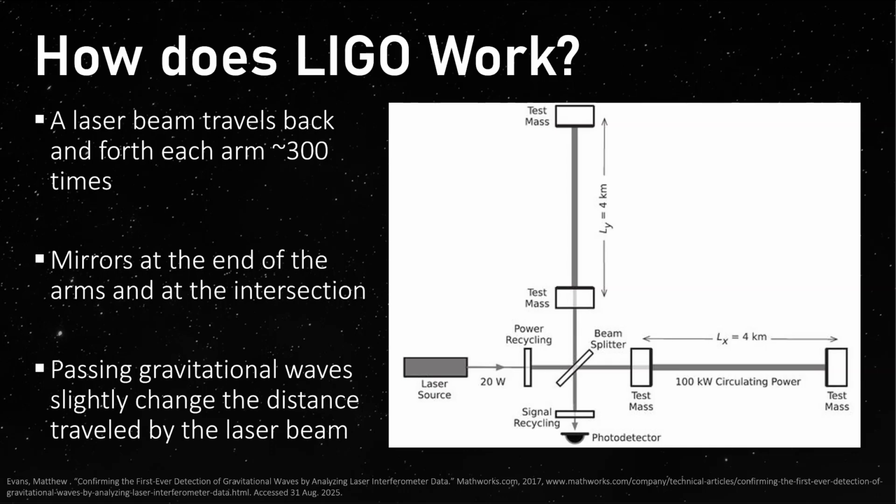If a gravitational wave passes through, it causes a tiny change in the arm's length, a change that is so small it is smaller than the width of an atom, and this change alters the travel time of the laser beams. So when they recombine, this produces an interference pattern, which LIGO measures to detect the stretching and squeezing of space that was caused by the passing gravitational wave.